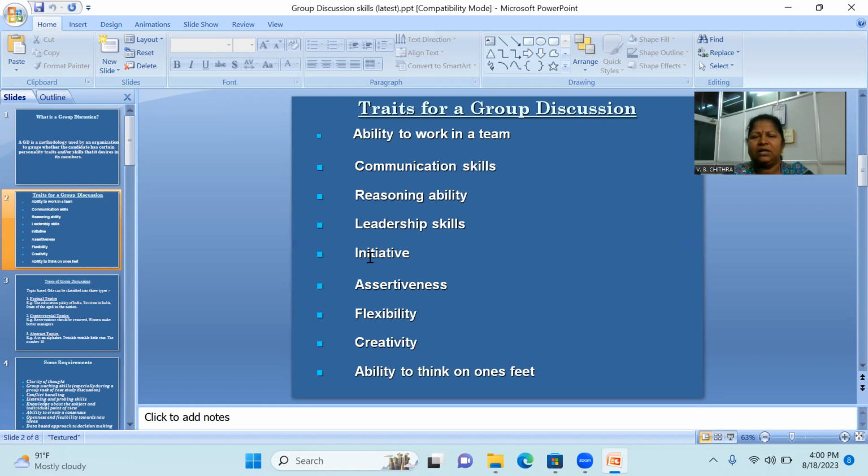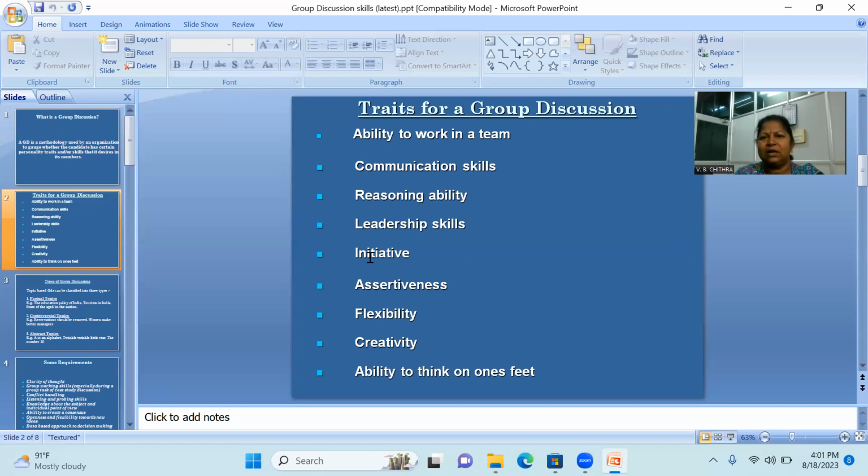So these are certain traits, and apart from this, we have discussed some other traits like managerial skill, leadership skills, etc. These skills are very important for any person, because the organization which conducts group discussion in order to evaluate the personality traits of a person actually wants to have these qualities.